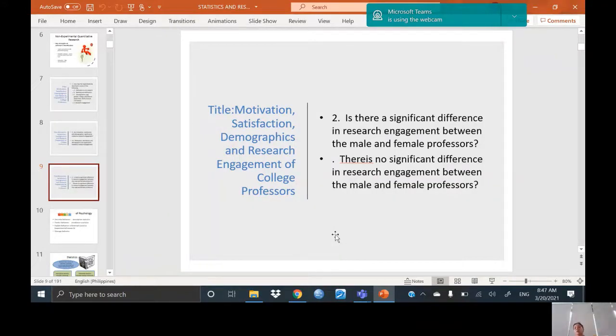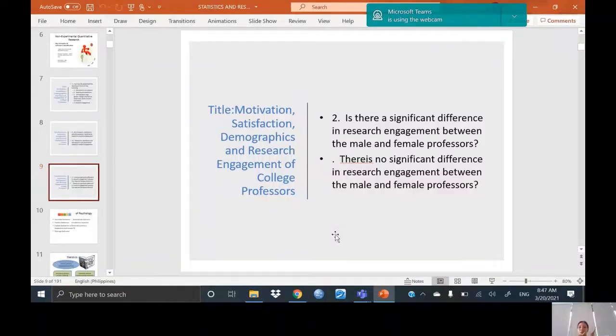So what I am trying to point out here is the way you craft your question. When you conduct research, way back in high school, you already know that in doing research, you start with stating the problem.